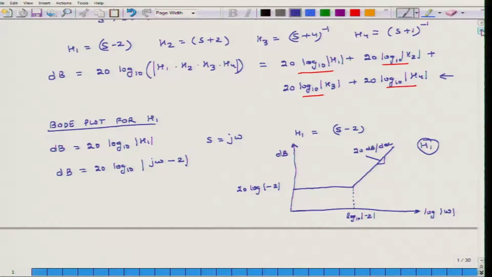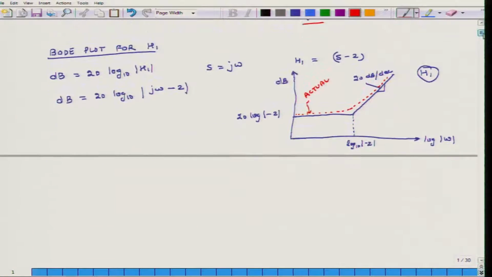So, this is my Bode plot for H1, and the red curve is the actual curve, the actual decibels, where the dark blue line is for the asymptotic response. The next thing we do is the Bode plot for H2.